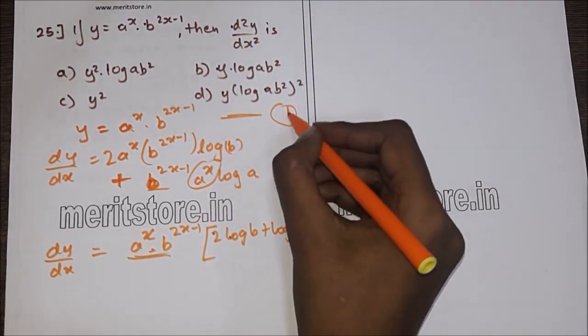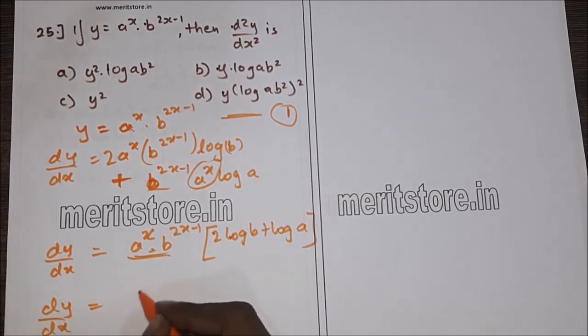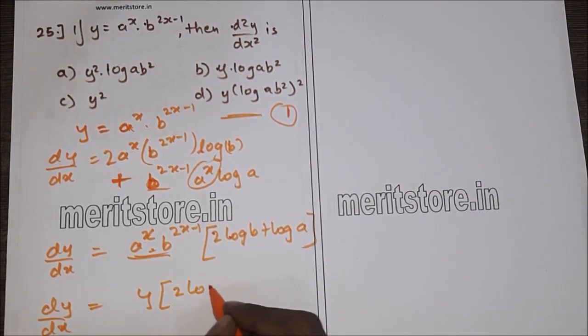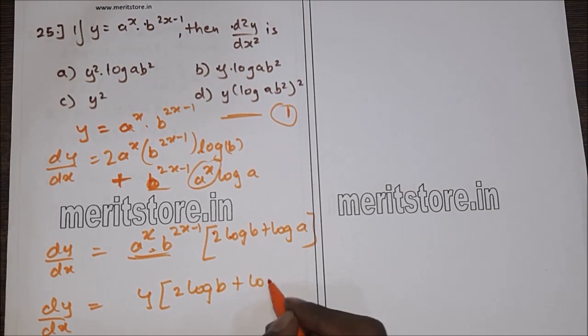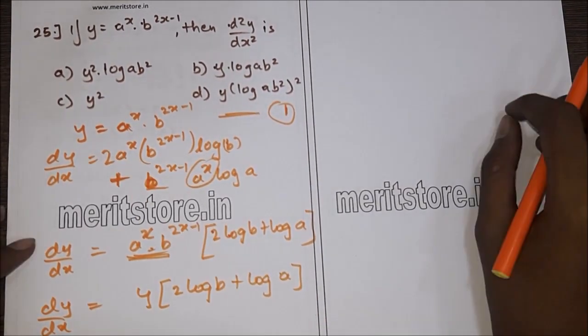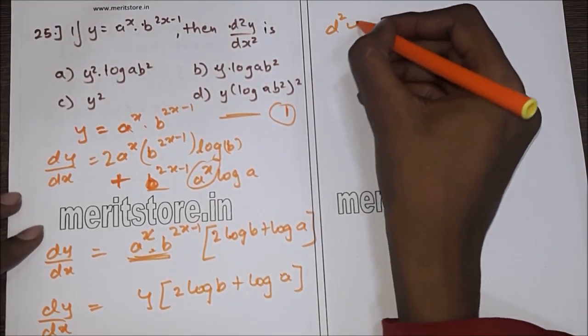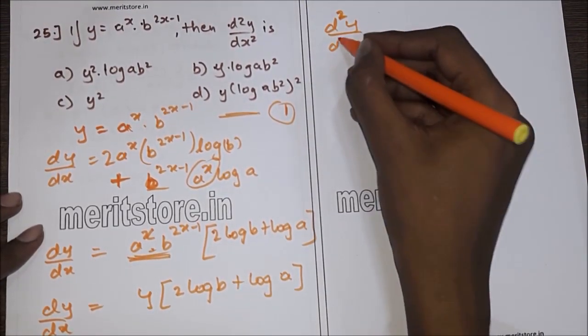So from 1 we can say dy by dx is y times 2 log b plus log a, since this is y. Let this be equation 2. So again differentiating with respect to x, we have d2y by dx square.